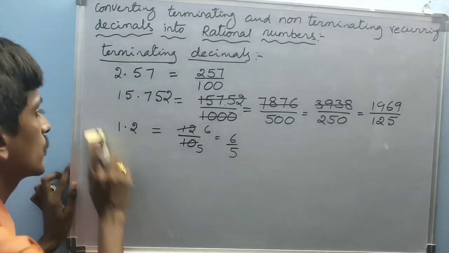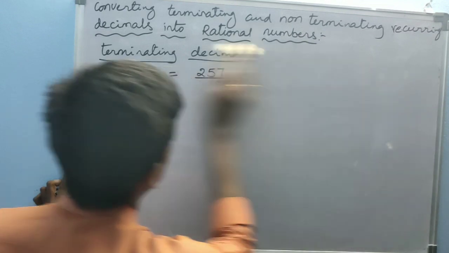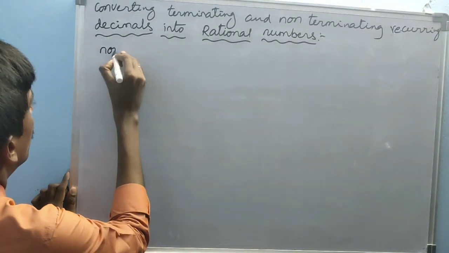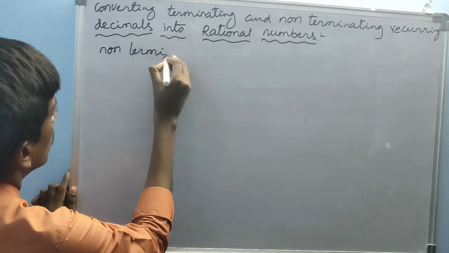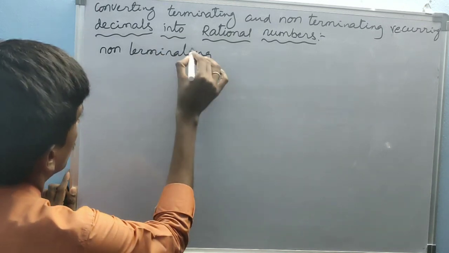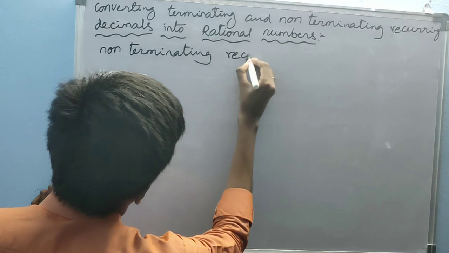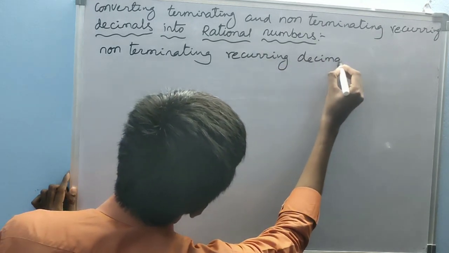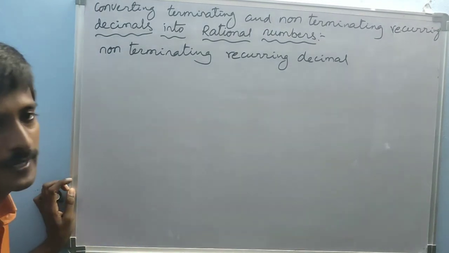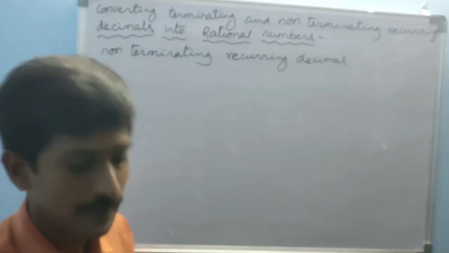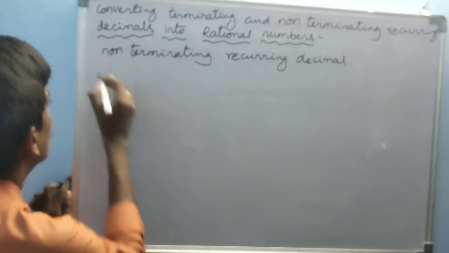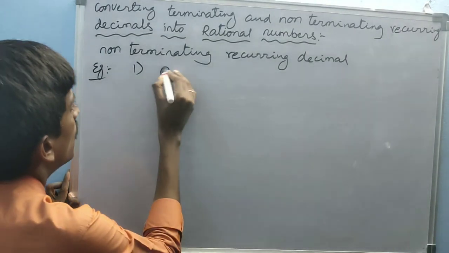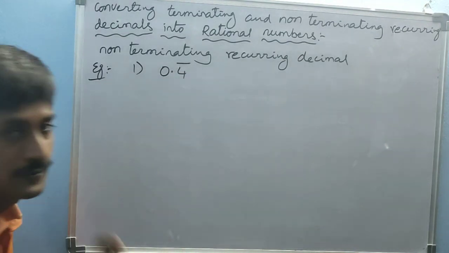Suppose it is a non-terminating recurring decimal. How to convert a non-terminating recurring decimal into a rational number? For example, the first one, 0.4 bar.